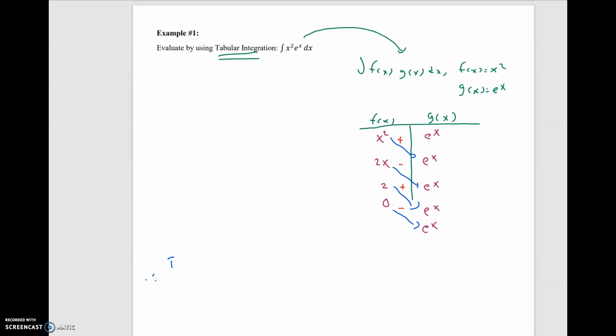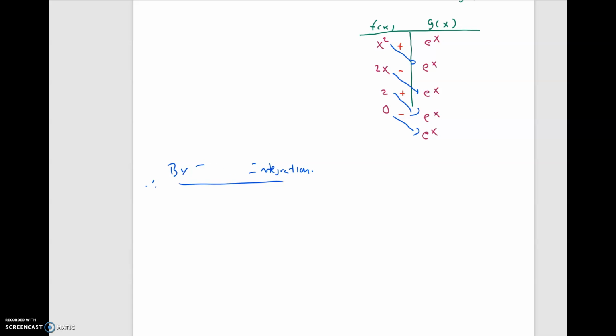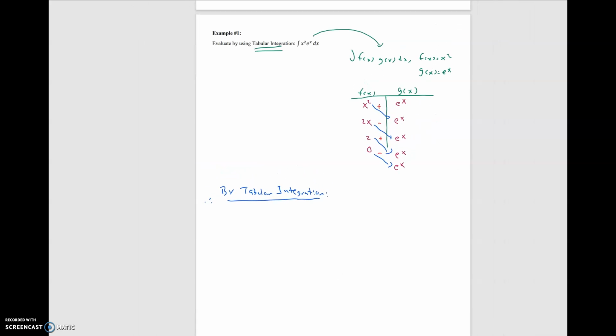By tabular integration, we technically have that the integral of x squared e to the x dx is equal to the following products.